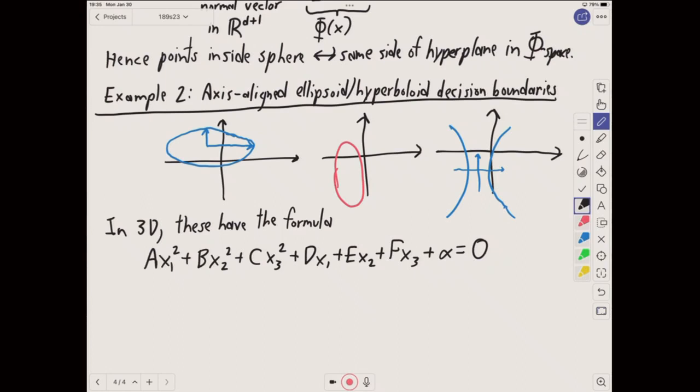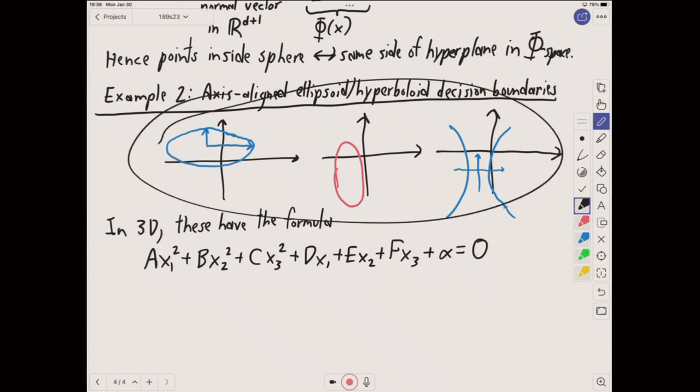I'm breaking with my usual convention for notation by setting A, B, C, D, E, and F to be real valued scalars, because I want to roll out a bunch of Greek letters here. But assume that those 6 letters, A through F, are fixed, and alpha is fixed. And then we look at all possible solutions to x1, x2, x3 that make this formula equal to 0. That is the general formula for axis-aligned ellipsoids and hyperboloids and parabolae like these.